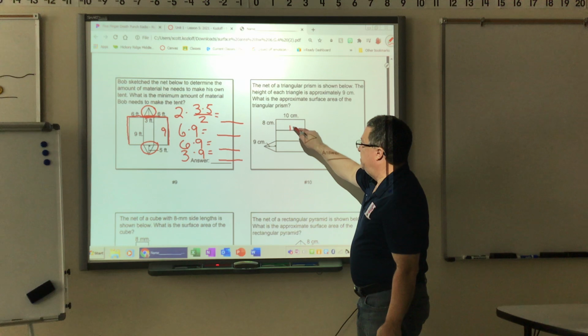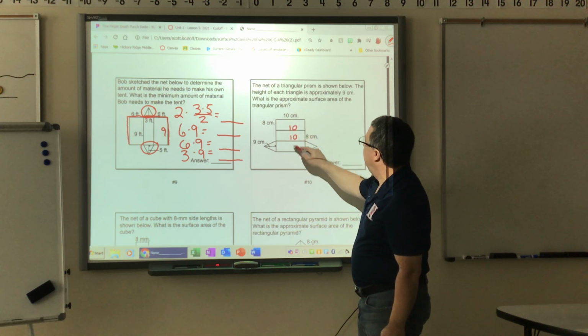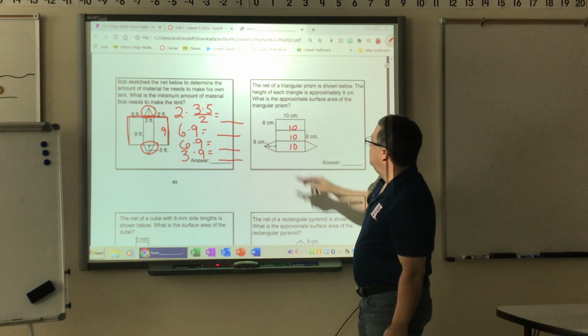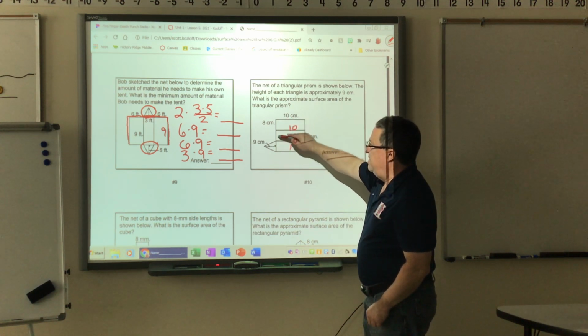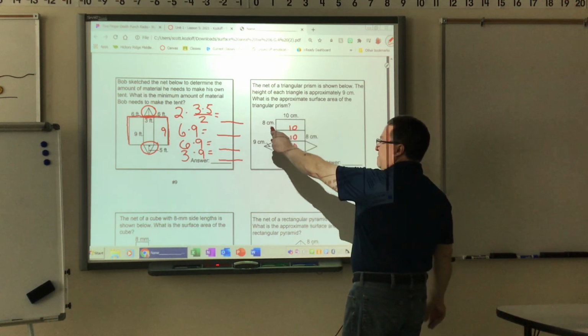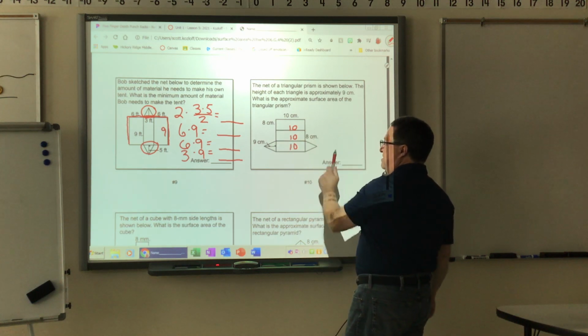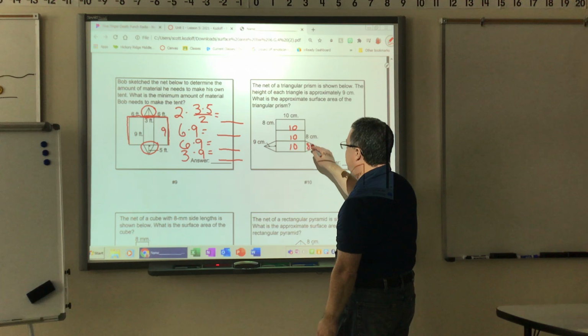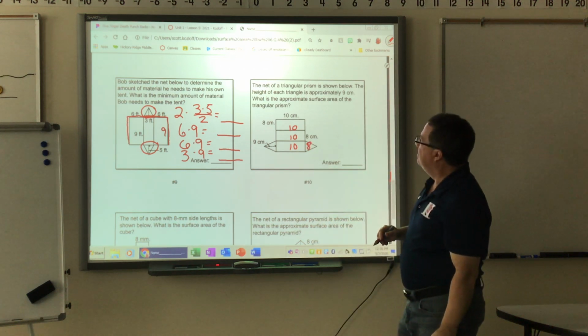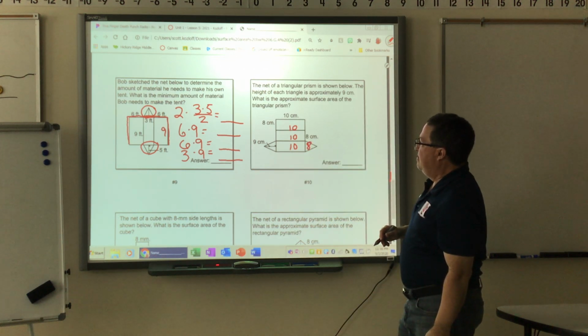This line is 10, this line is 10, this line is 10. Even though it doesn't look exactly the same, if this is 8 centimeters and this is 8 centimeters, then I have to have this be 8 centimeters. Okay? There you have it.